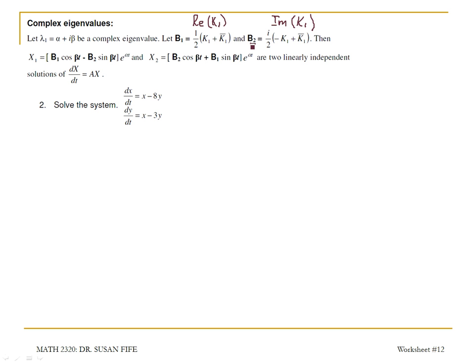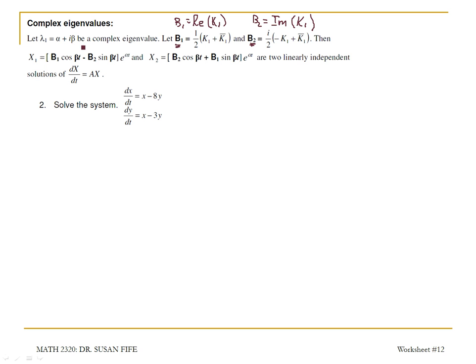So rather than using these formulas, B1 is 1/2 K1 plus K1 bar, and B2 is i over 2 times negative K1 plus K1 bar, we could just say that B1 is the real part of the eigenvector and B2 is the imaginary part of that eigenvector. Notice that our solutions are a little bit complicated also.